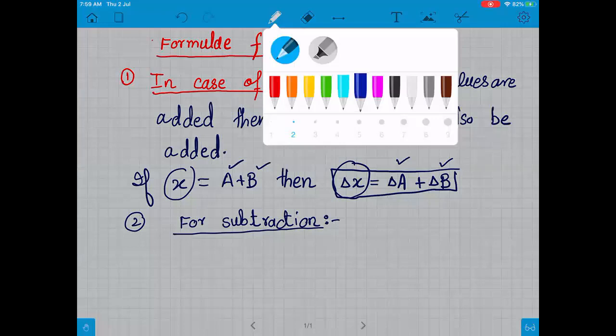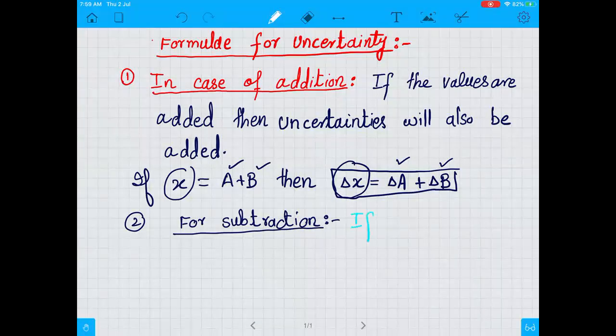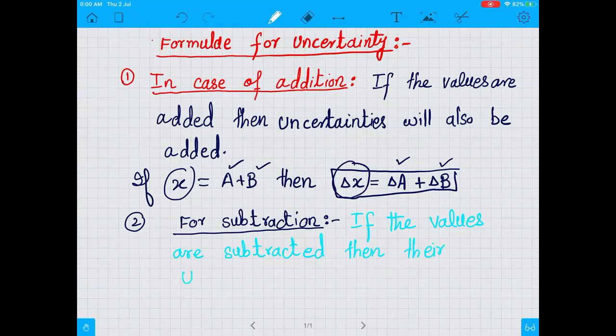You must say that if the values are subtracted, then their uncertainties are still added.